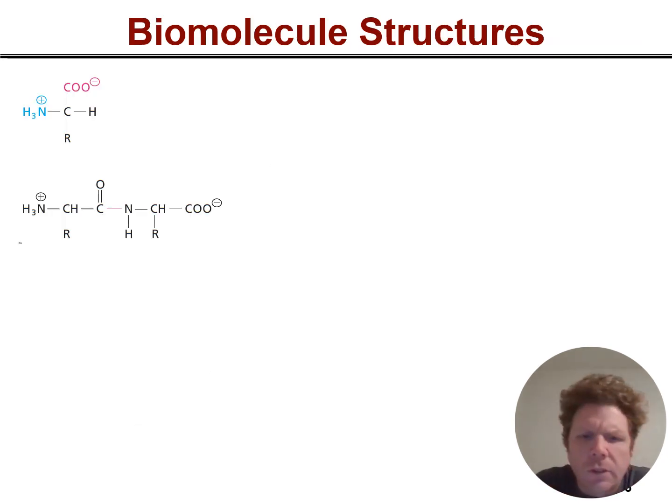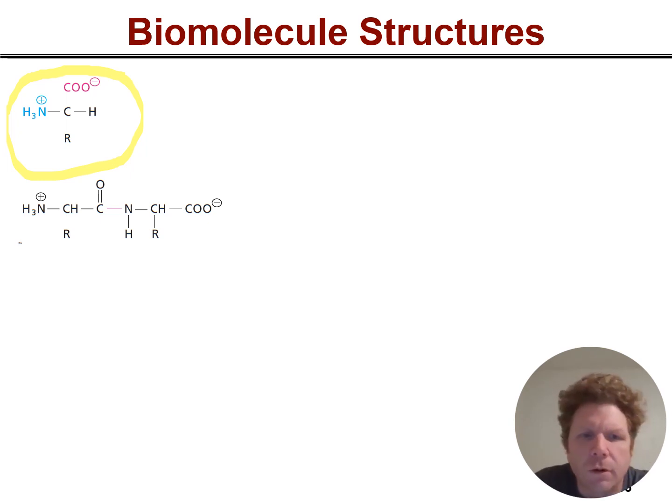Now, what you see here on the left-hand side of the screen is essentially one of your major building blocks for a biomolecule. So I'm going to circle this. This right here is an amino acid.